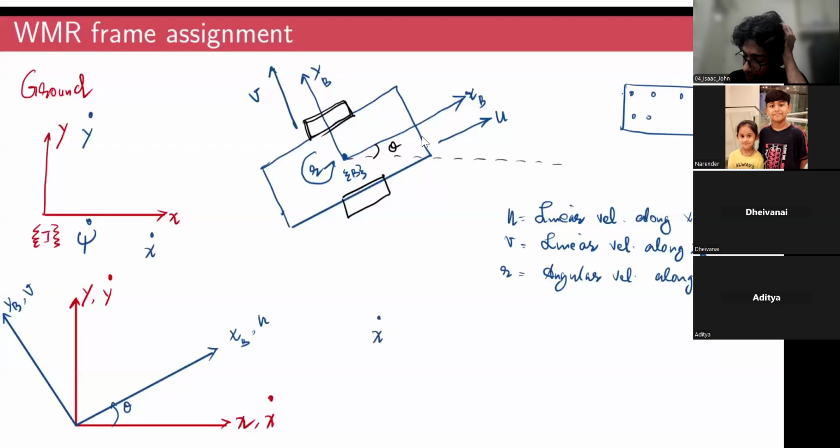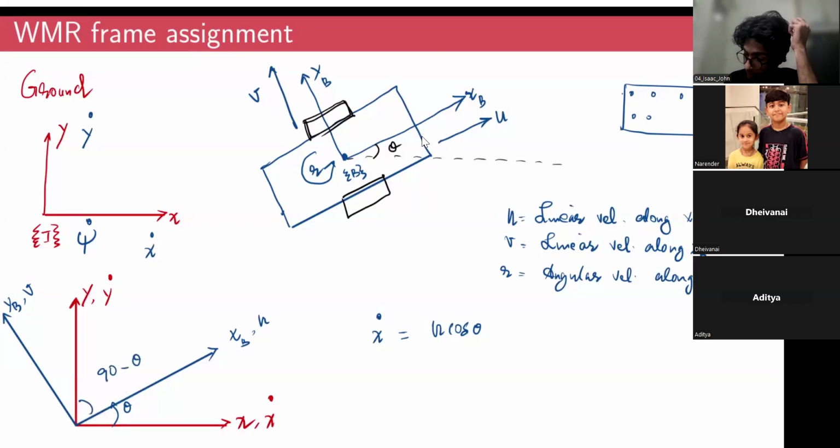x dot is the component of u along the x axis, which is u cos theta, right? And v will also have a component along this x axis. What is that component? If this is theta and this entire angle is 90 degrees, this would be 90 minus theta.